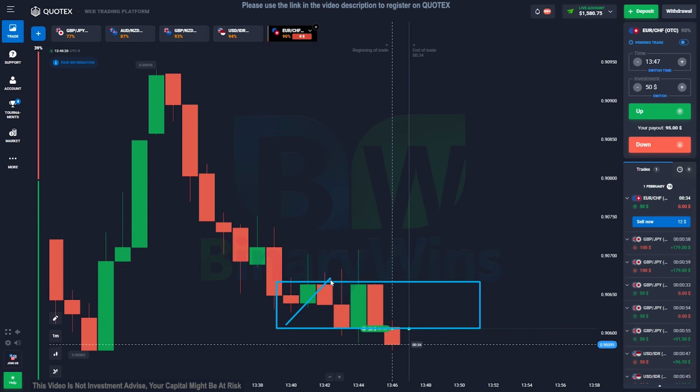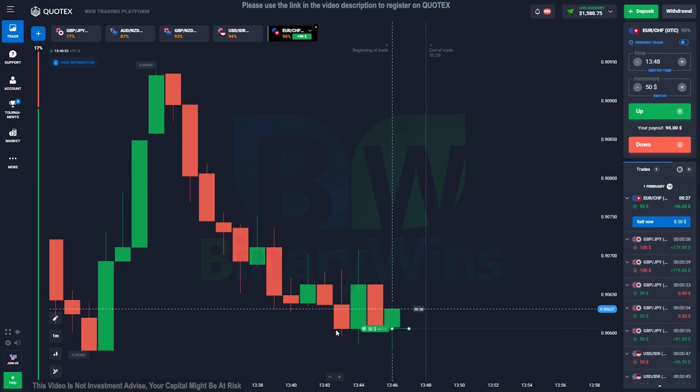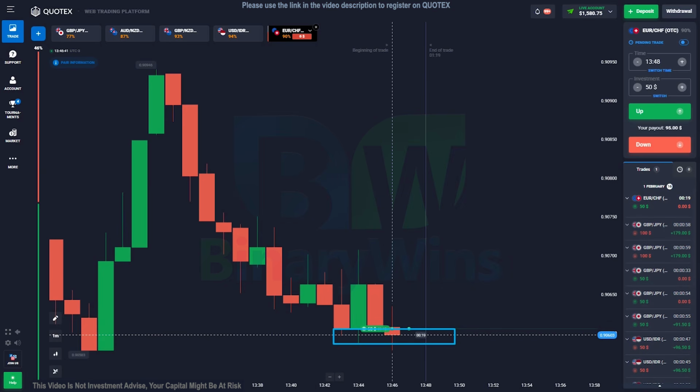Okay, look. Also, an effective level has formed here, which can prevent the candles from moving further, but only because my trend was down.